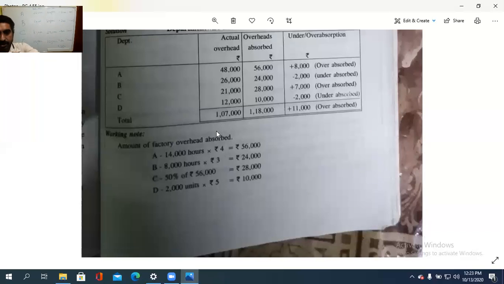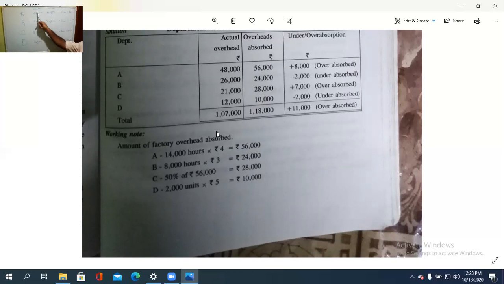Clear? This is just for familiarizing with the problem of under or over absorbed overhead. For A, 48,000 is the actual overhead and 56,000 is the absorbed overhead, so 8,000 is over absorbed. For B, 26,000 and 24,000, so 2,000 is under absorbed.